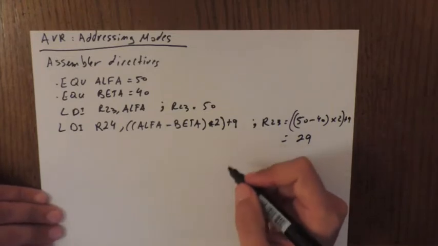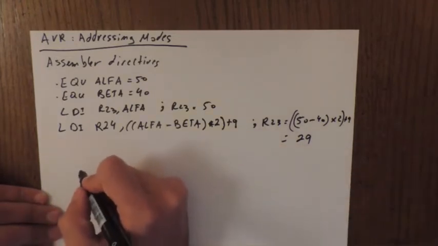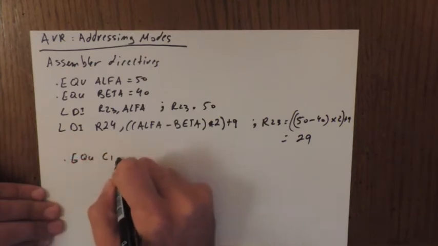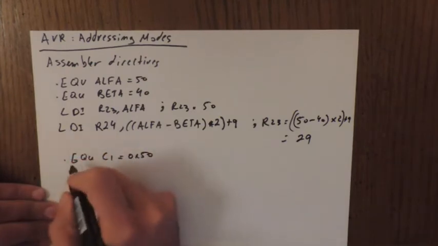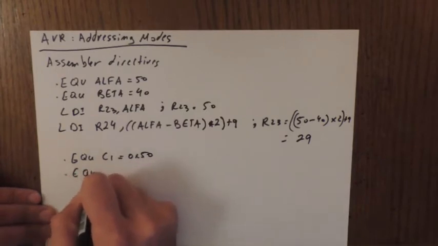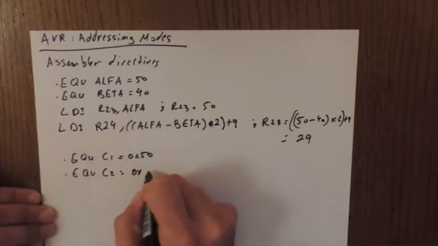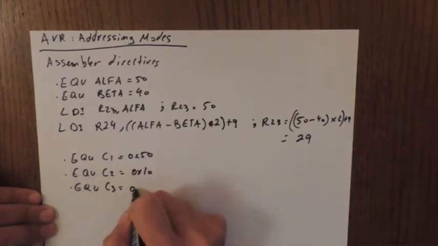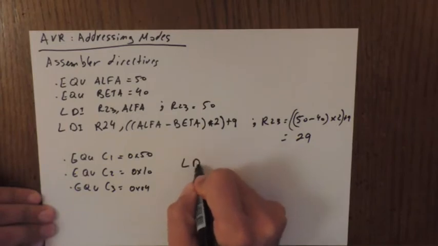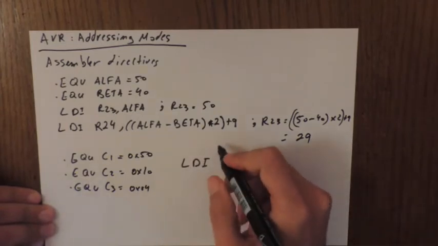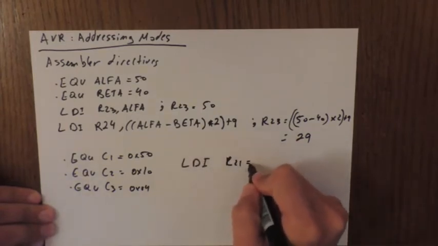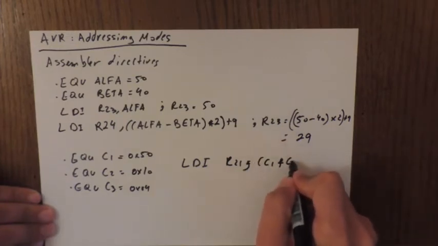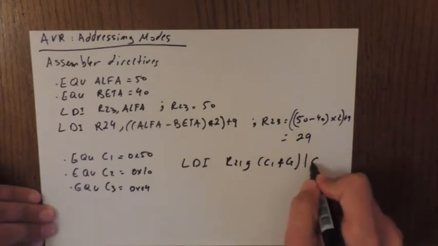We also can do something with binary operations. Let's define 3 variables. So now we can do something with logical operations, for example, C1 and C2 or C3.